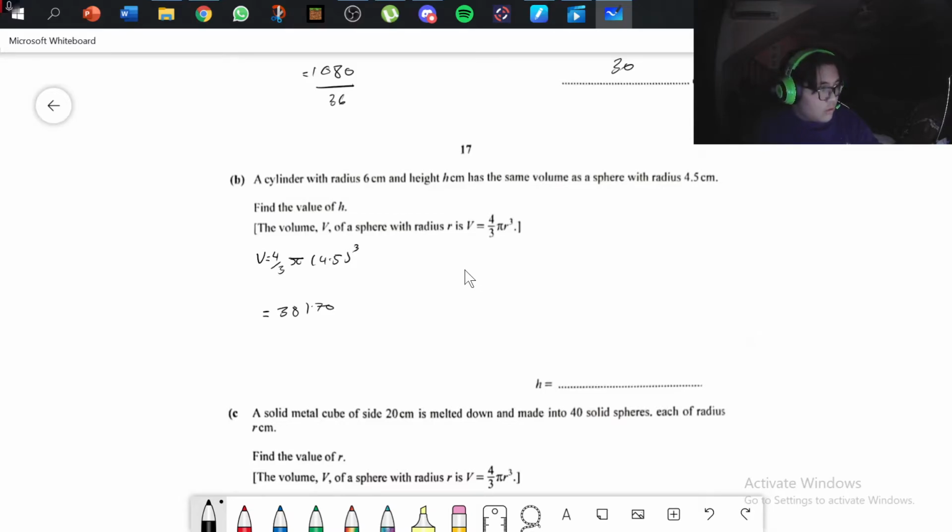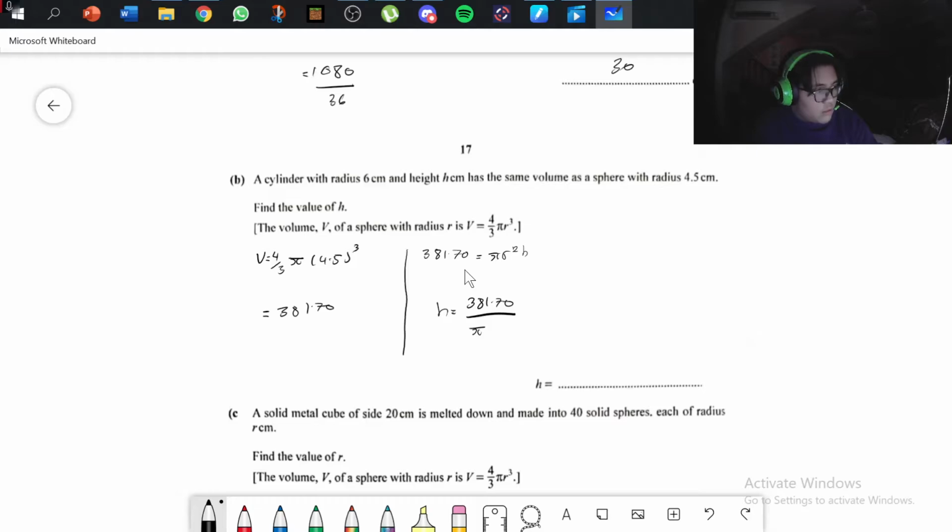Okay, then 381.70 equals, since the volumes are equal, pi r squared h. Make h the subject: h equals 381.70 over pi r squared.